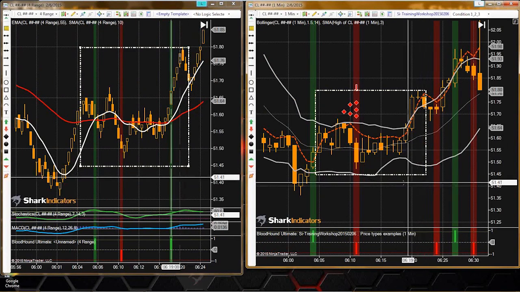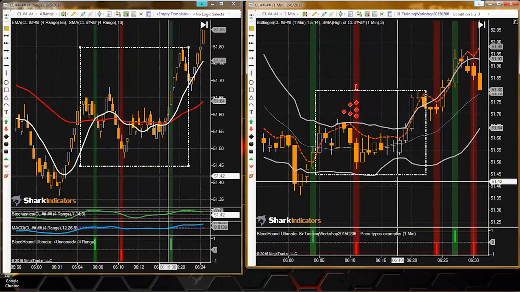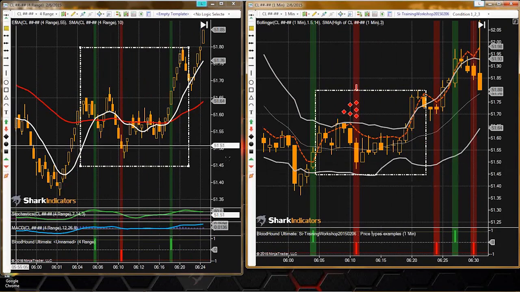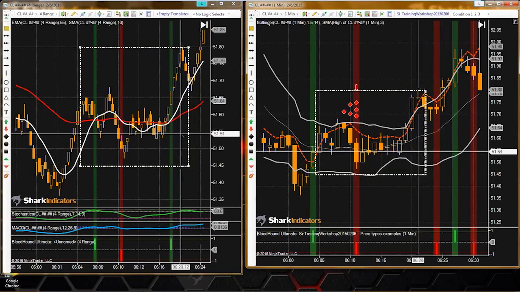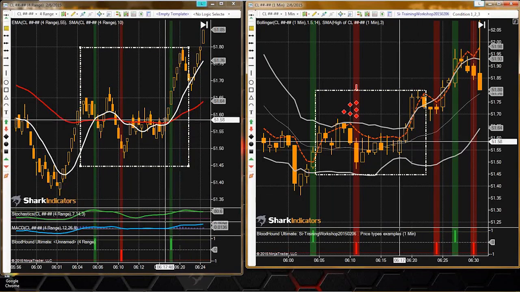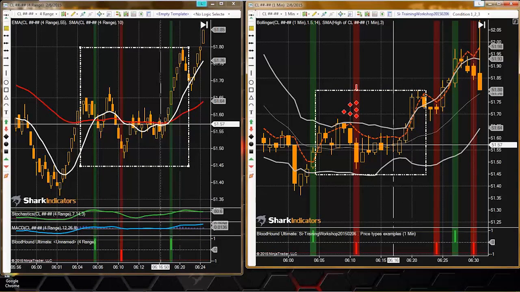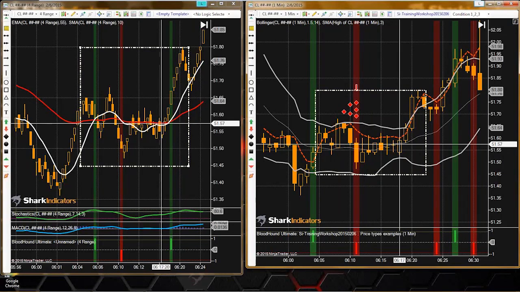So here's the key. 1 minute charts don't match up exactly with the range chart, because on range charts the bar isn't going to close on the exact minute. So like this bar is closing on 16 minutes and 50 seconds. The next one closes at 20 seconds, and the next one closes on 48 seconds.